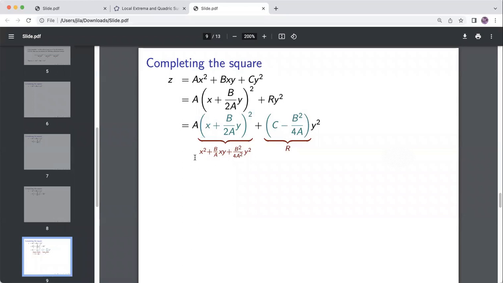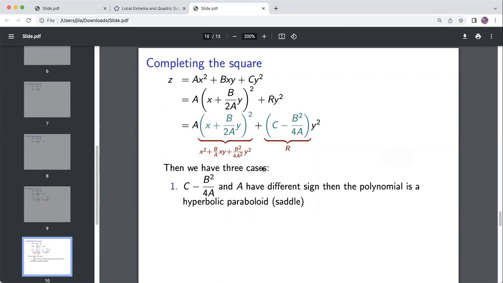And it turns out if this coefficient and this coefficient have different signs, then this is going to be a hyperbolic paraboloid. That's when this coefficient and a have different signs, then it's going to be a hyperbolic paraboloid. That's a saddle point.